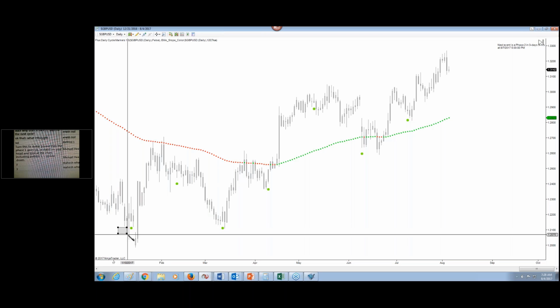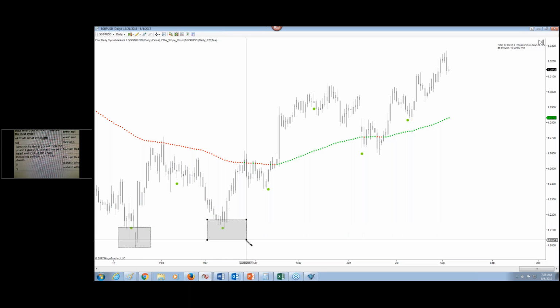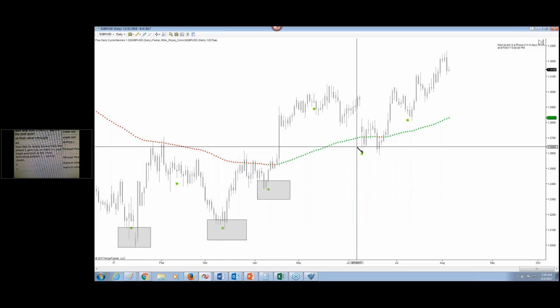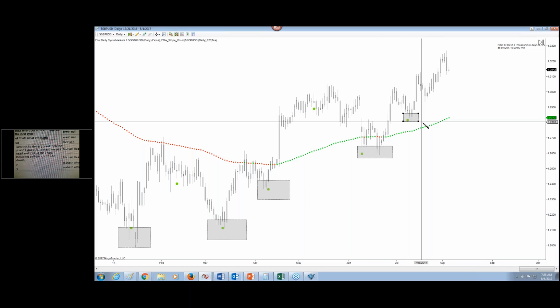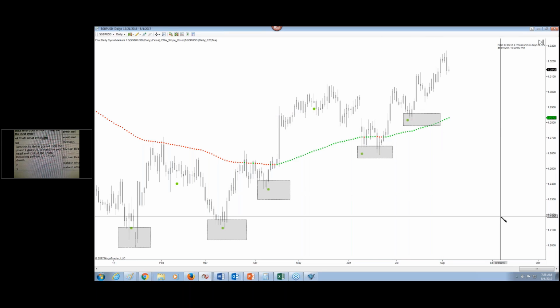Everywhere you see one of these rectangles is a time where the pound dollar launched and just went mucho far. Okay, what do those signals have in common? Well, they're at the bottom of a retracement. They're at the bottom of a retracement.